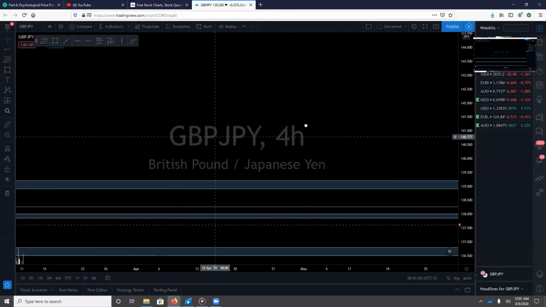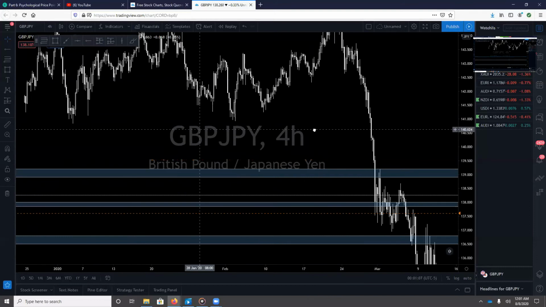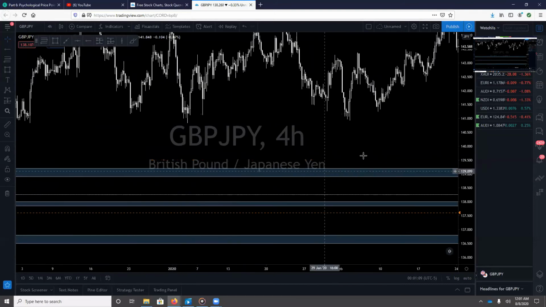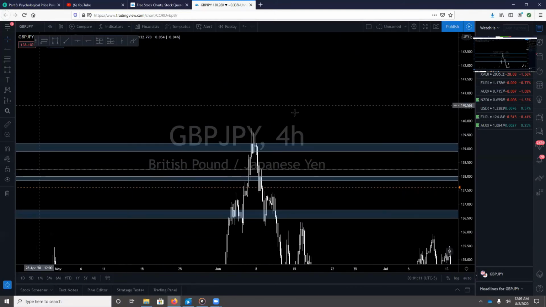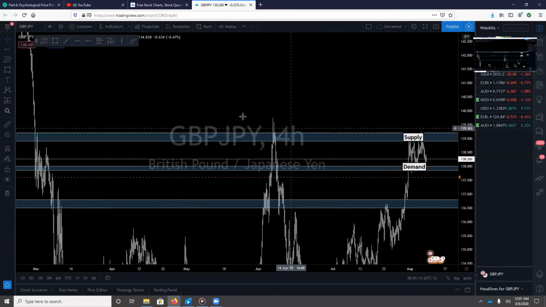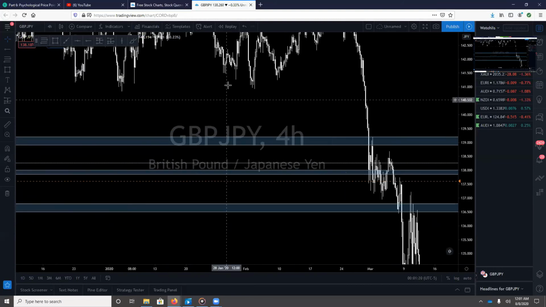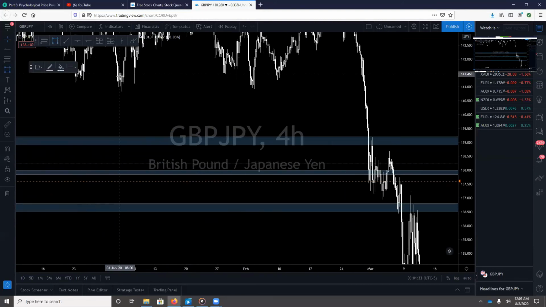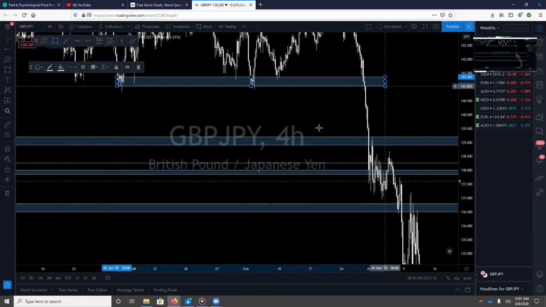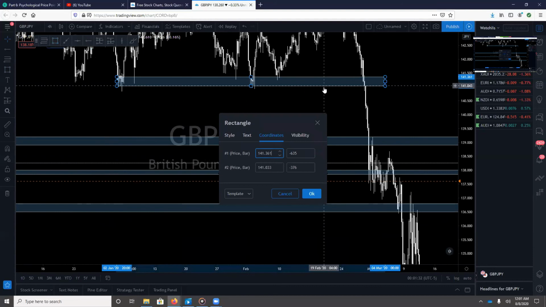Okay, see, if we break this supply zone, if price breaks this supply zone right here, this is a big area to potentially break through and go up to.